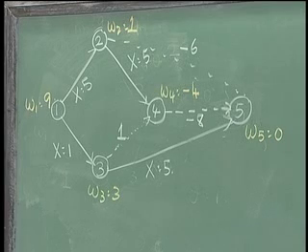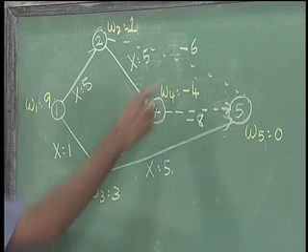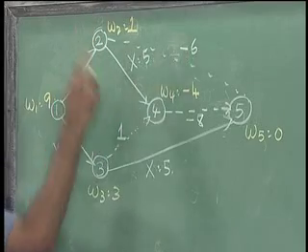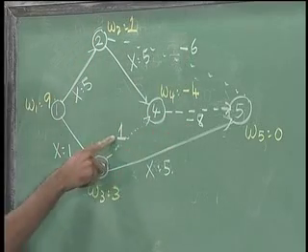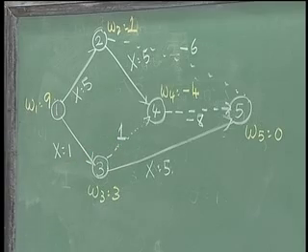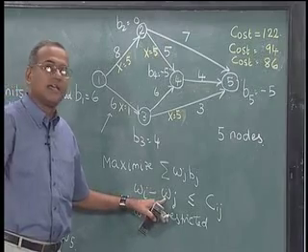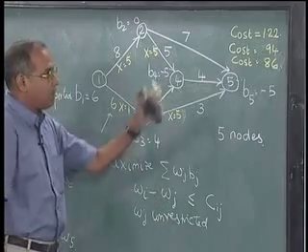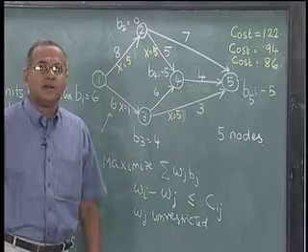So, out of the 3 values that we computed, there is a minus 6, there is a minus 8 and there is a plus 1.